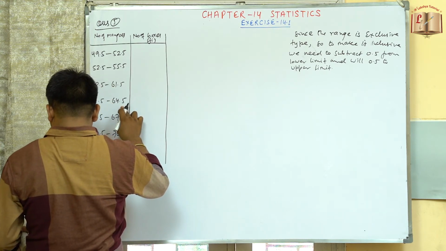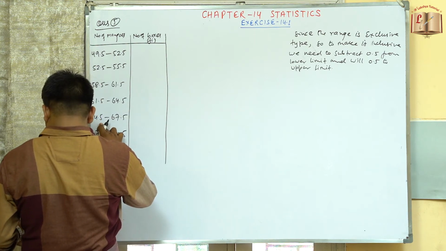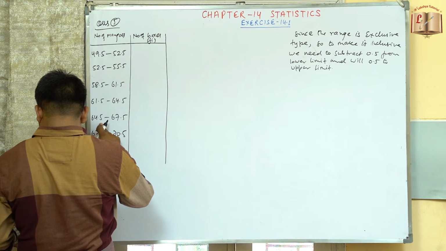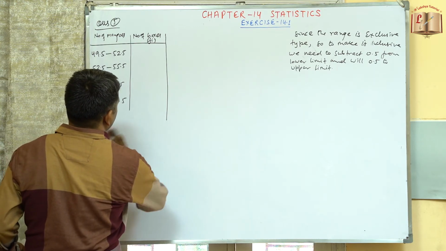This is given only up to 64.5, so we will take only up to 64.5. The other limits are not given in the question.